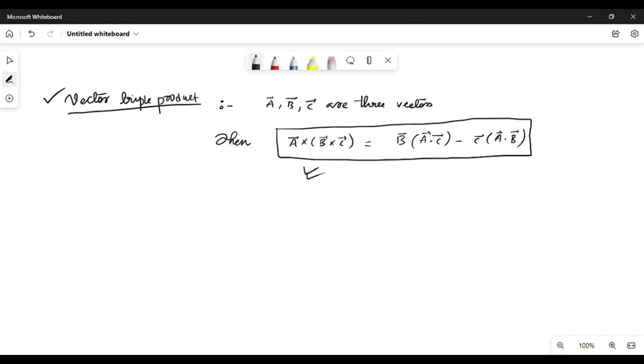So let me discuss some more identities. There are many identities that may help you to solve many of the problems. The next are some important identities that you should know about vectors.